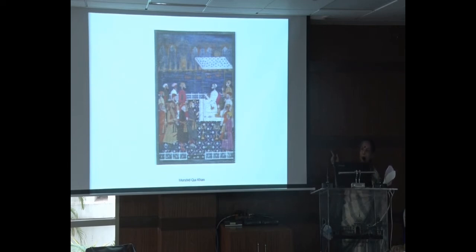Now, this shows the palace garden where he's sitting on the terrace. And the garden is lit by fireworks because it is the Prophet's birthday. This is the time when lots of men, holy men, learned men, poets, artists, all converge to Murshidabad, and they were also given a lot of presents.